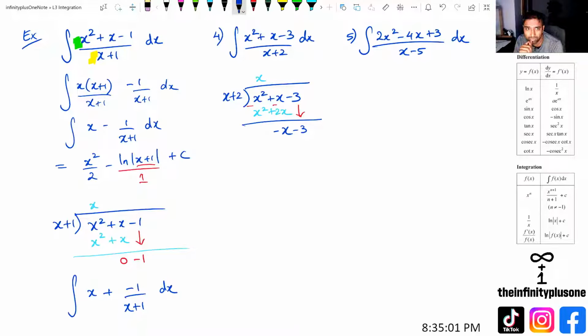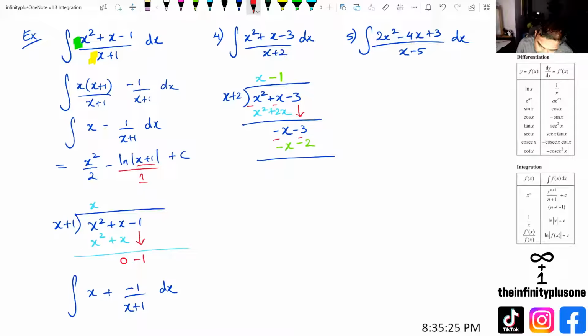So now I've got to multiply by negative 1. If I multiply by negative 1, I'm going to get, not negative x, negative 1. So this will become negative x minus 2. And then once again, I've got to subtract both of them.